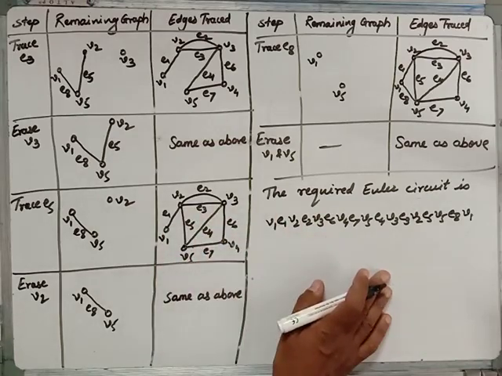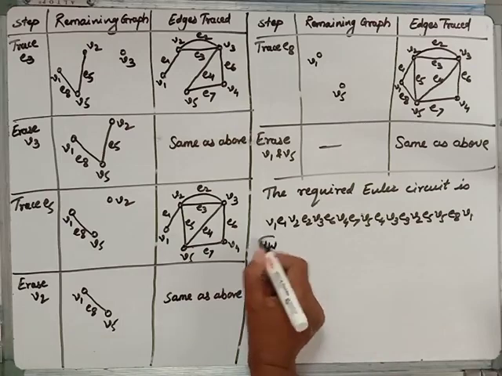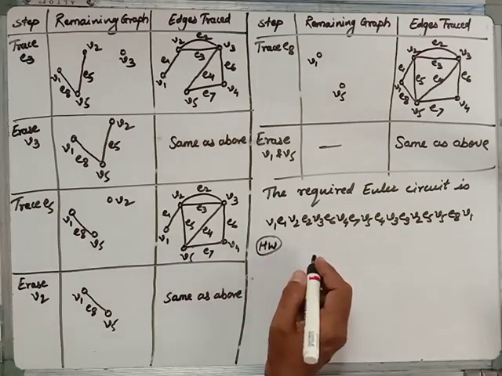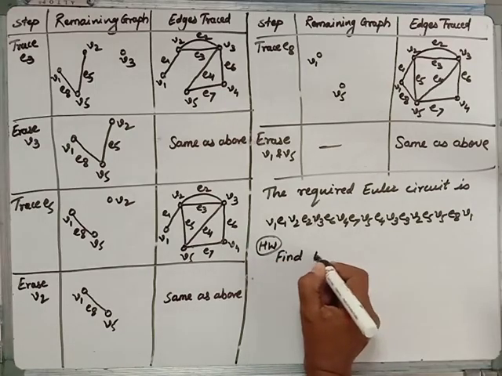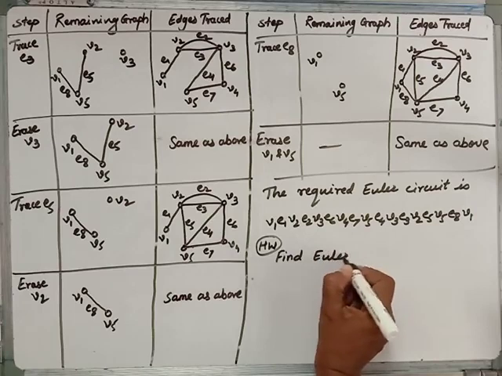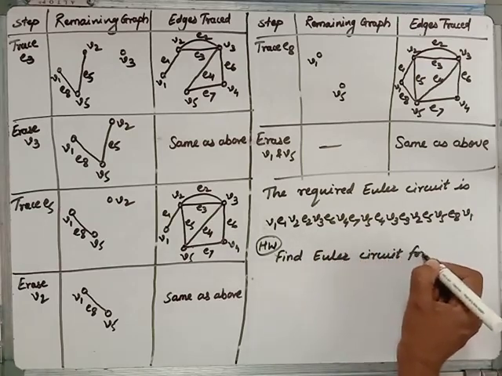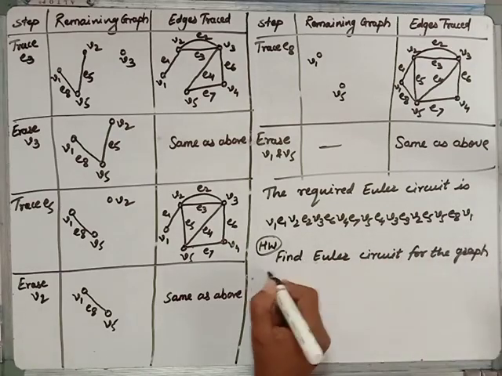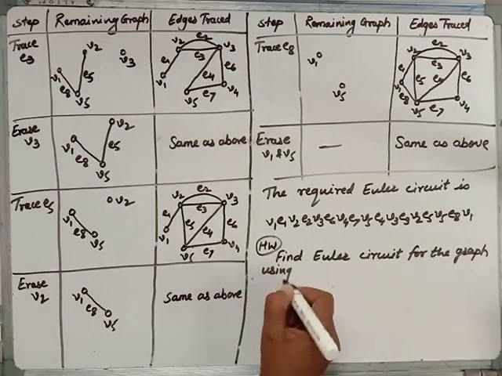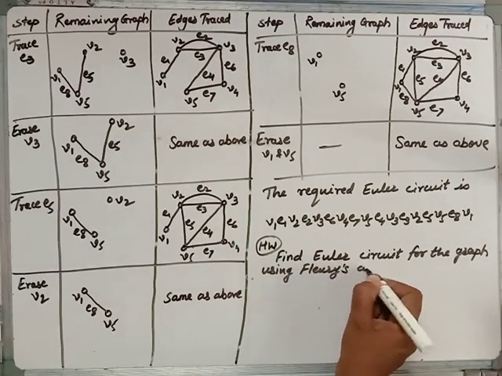Now let me give an example of this kind as homework. Homework: find the Euler circuit for the graph using Fleury's algorithm.